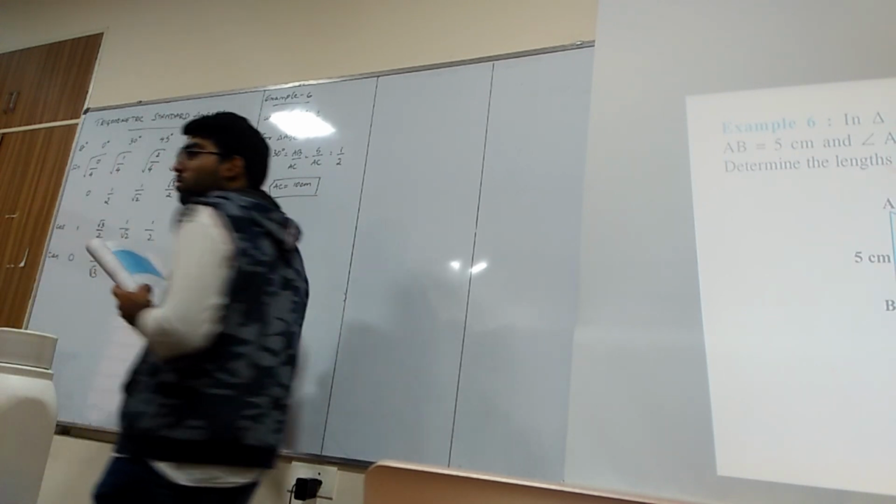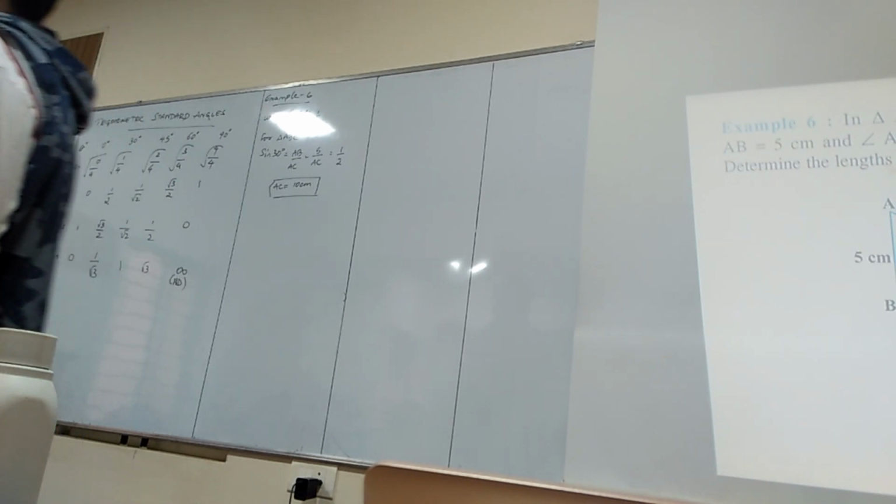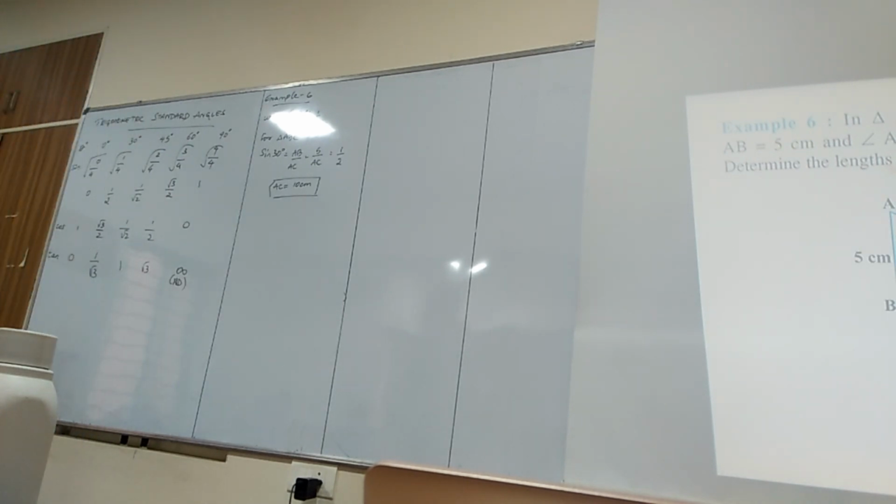Doubt? Why take sin 30 degrees because they did not mention the sine? Only our perpendicular is given in the question. See the figure. So what is AC then? AC value we have to find, sir. We will do it.